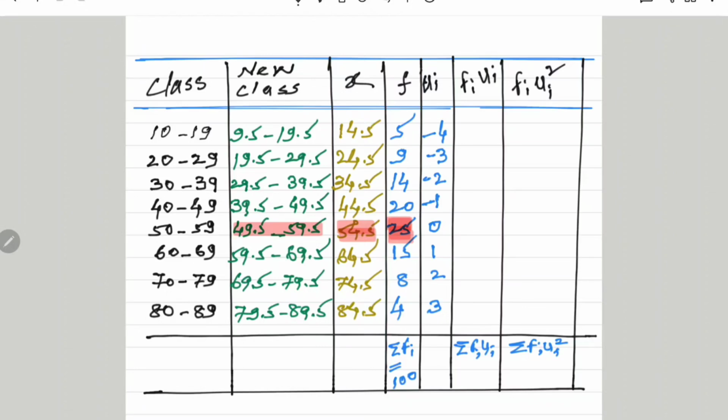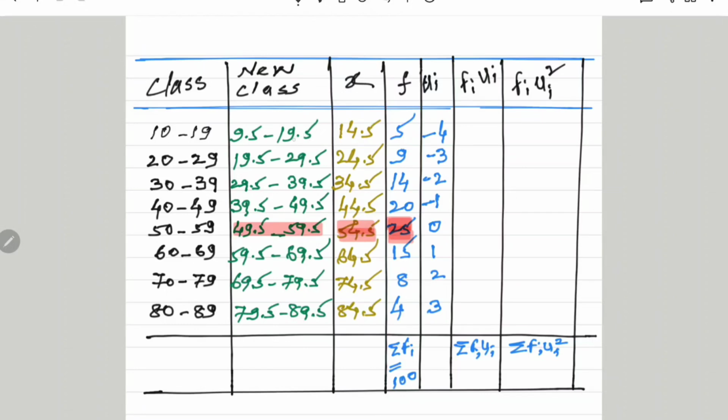And then the new class: take the difference of 20 minus 19, we get 1, divided by 2, that value is 0.5. Therefore subtract that 0.5 from the lower limit of all the classes and add 0.5 to the upper limit. So 10 minus 0.5 is 9.5, and adding 0.5 to 19, we get 19.5.